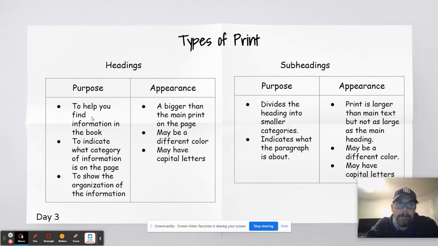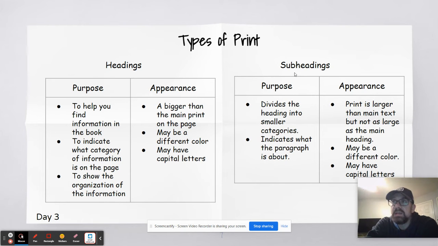So it's that bigger, overarching theme of that section of the book, that main idea, that topic. The font size is going to be bigger than the main print on the page. It may be a different color. Oftentimes, it's going to be in all capital letters. It should always be capitalized, kind of like a title of a book, and that's how you would see it.